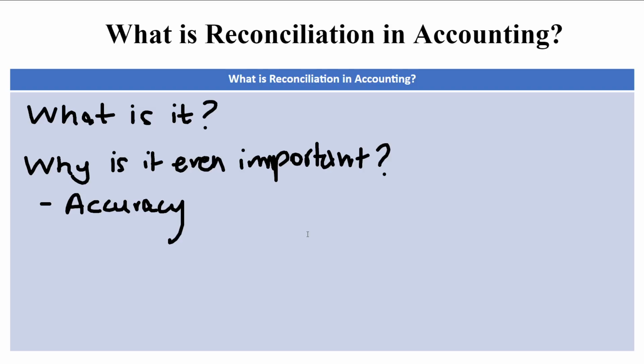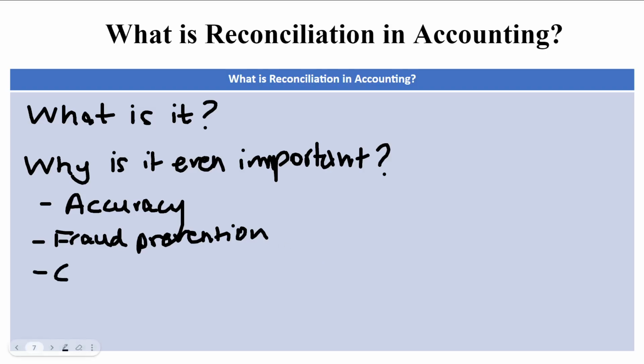So it helps identify and correct errors in your financial records. This is essential for maintaining accurate financial statements. Then we have fraud prevention. So by comparing your records with external sources, you can uncover discrepancies that might indicate fraudulent activity.